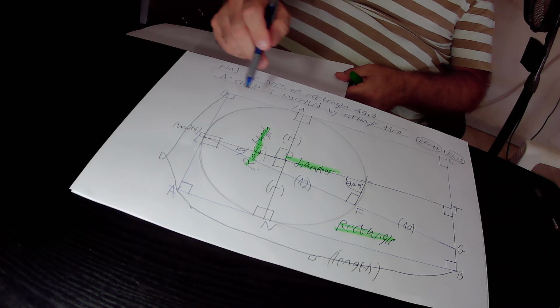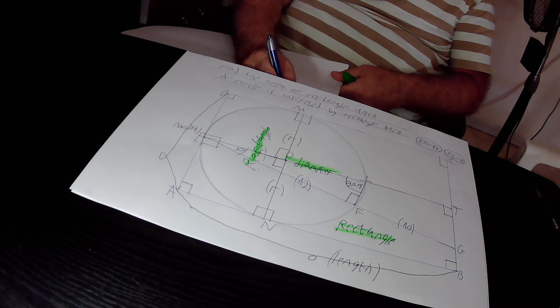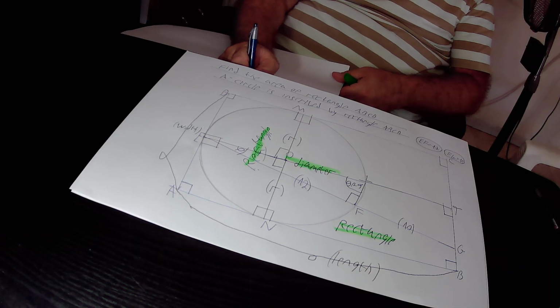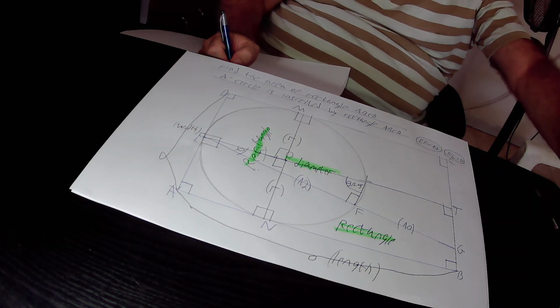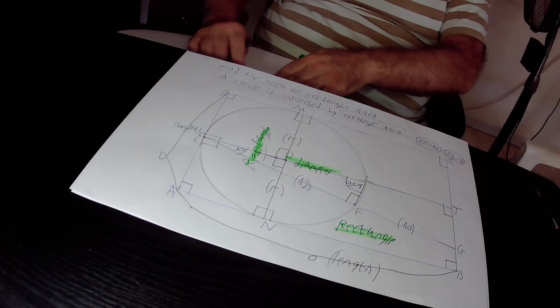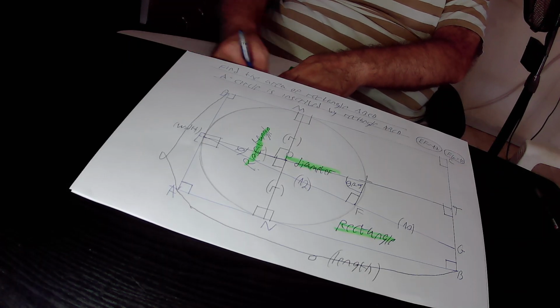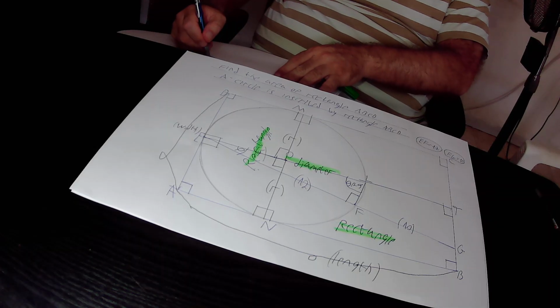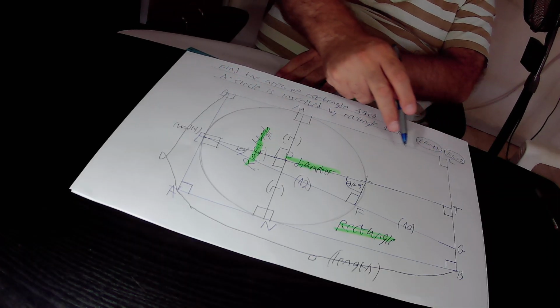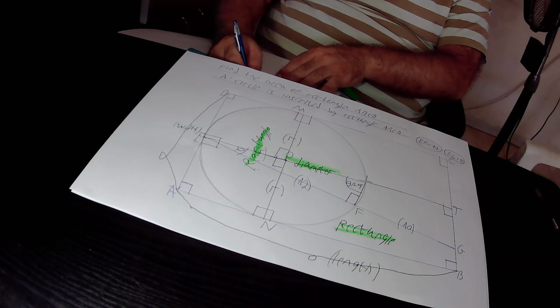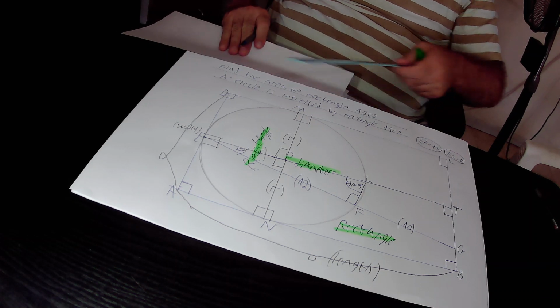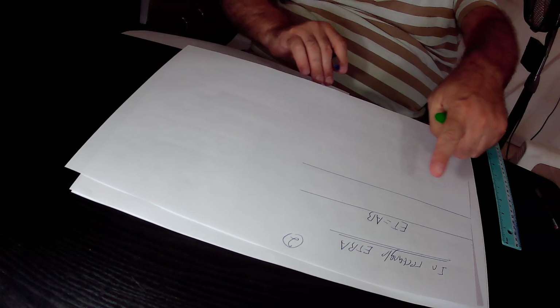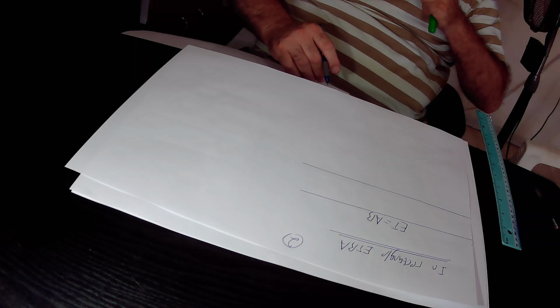In the big rectangle ETBA, side ET must be equal to the opposite side AB. Because again, in rectangle ETBA, side ET equals the opposite side AB.